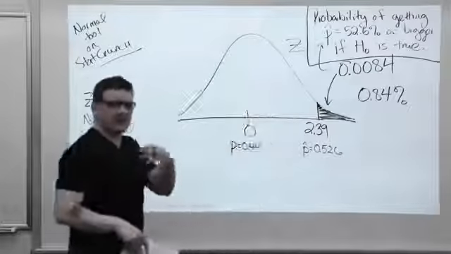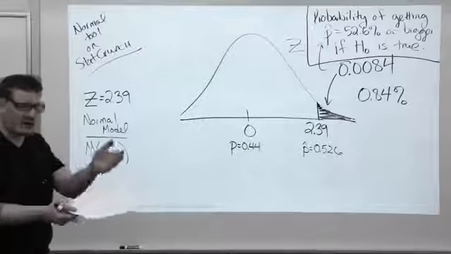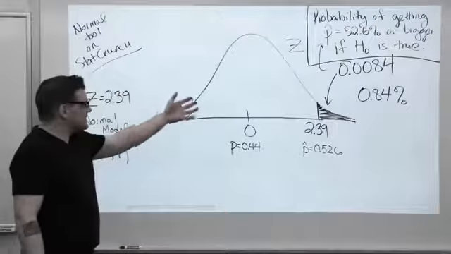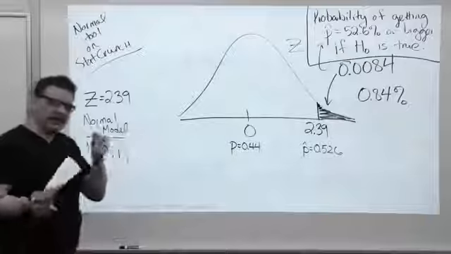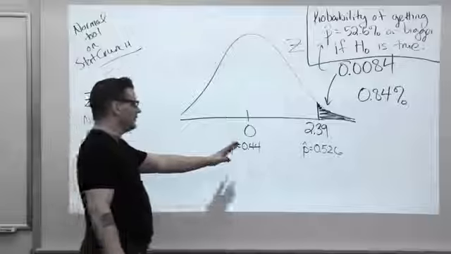The null said, let's assume 44% of our students and faculty drive large vehicles. What's the chance, if that's true, that I draw this kind of sample or one even more unusual?